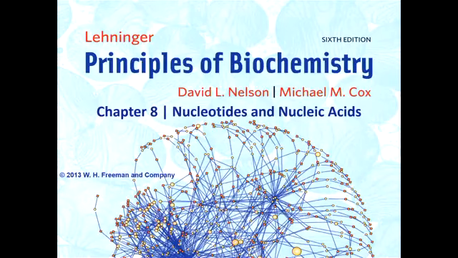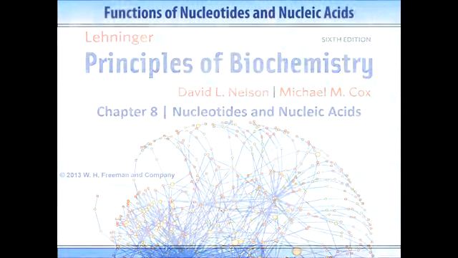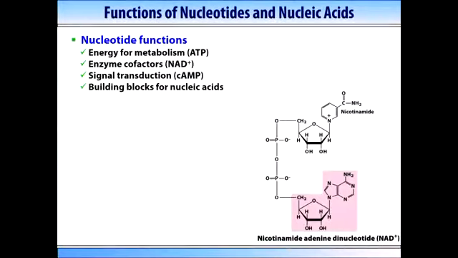So this is chapter 8 in the 6th edition of Lehninger's Principles of Biochemistry. Okay, so what are the nucleotides and what are their functions? Perhaps I should have started from the very end of this function list, so that the nucleotides serve as building blocks for nucleic acids. But besides that, they play a very important role in energy metabolism.